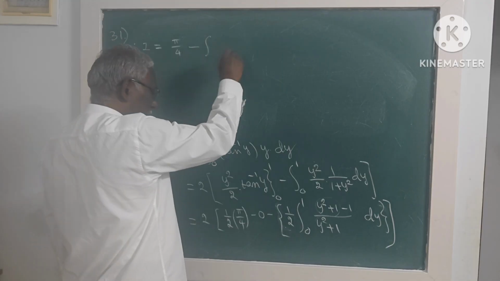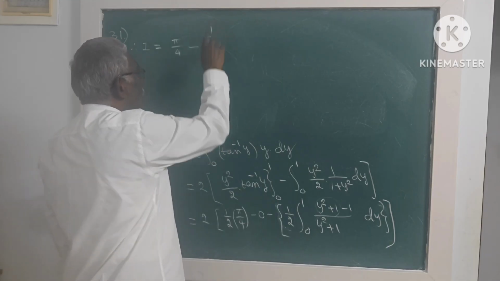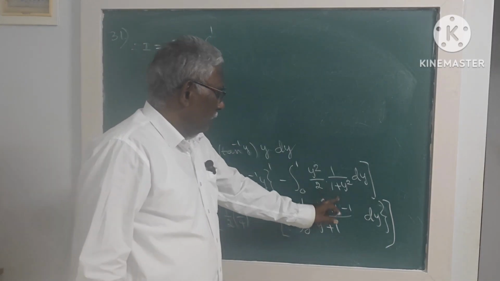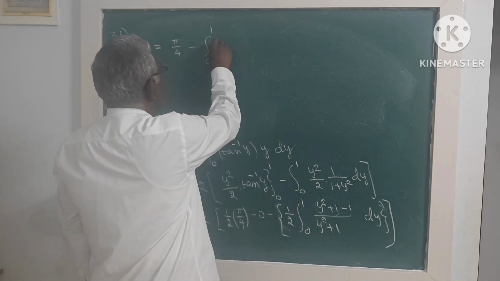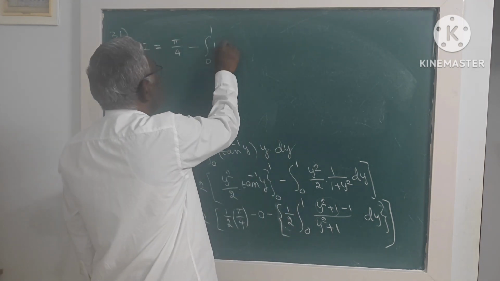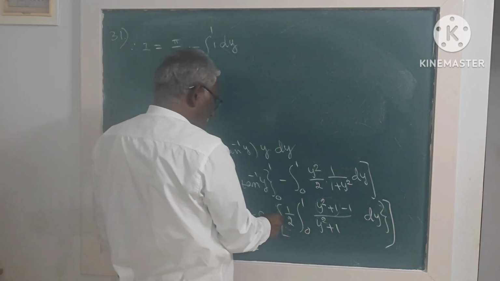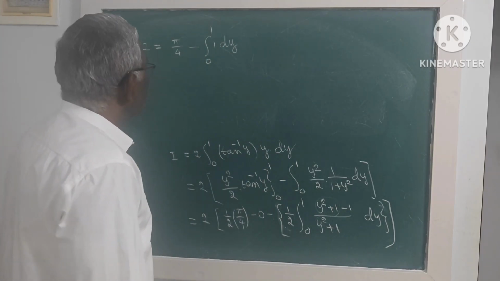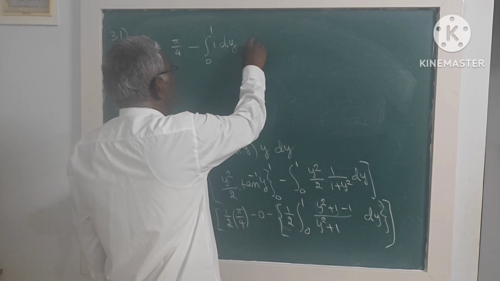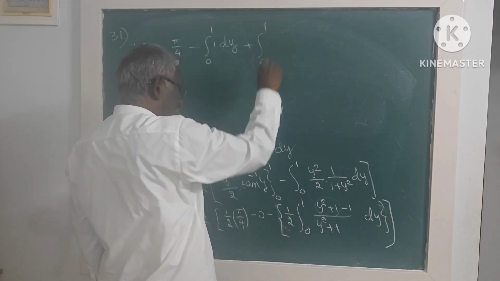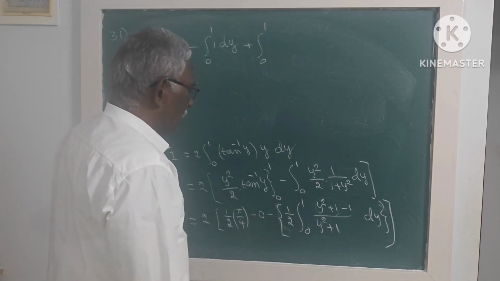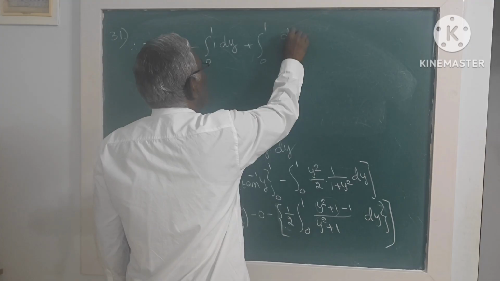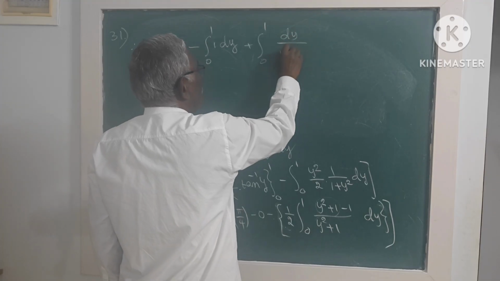Again integral 0 to 1, this becomes 1 dy, minus into minus plus integral 0 to 1 dy by y square plus 1.